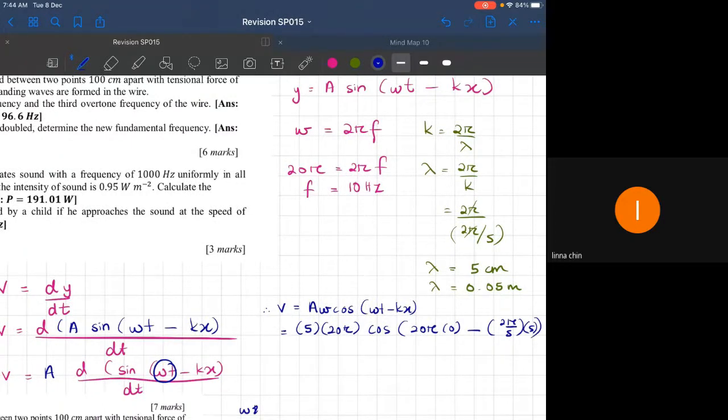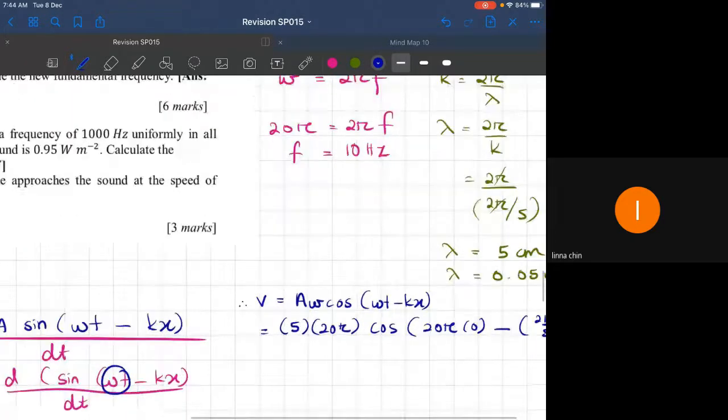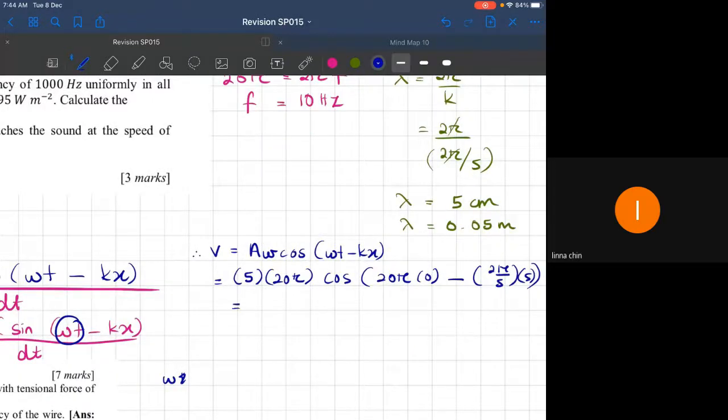Okay, so again, bila kamu jumpa cos dengan pi, kalkulator kamu kena dalam mode radian. Cuba kamu tekan kalkulator kamu, berapa kamu dapat jawapan untuk velocity ni. So this one akan jadi kosong kan? I think. So ni akan jadi 5 20 pi cos negative 2 pi je.